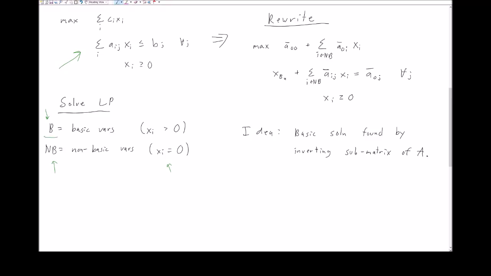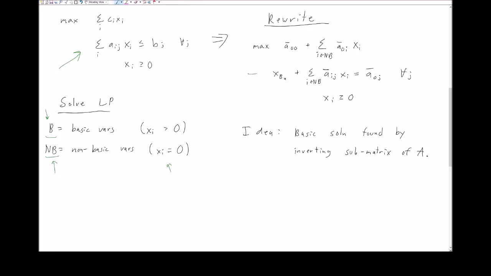Given a basic feasible solution, we can rewrite our linear program in a particularly interesting form that's going to be useful for us. The details about how we do this rewrite aren't important. But if you do like some details, the basic idea is that given a basic feasible solution, we can take our non-basic variables, eliminate them from our program, and then find the value of our basic variables by inverting the matrix A. When we do this, we can write a set of equalities that tell us exactly what the value of our x's are going to be.